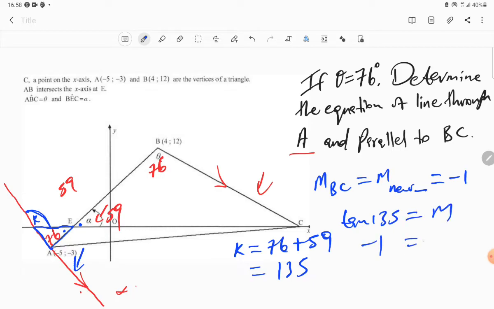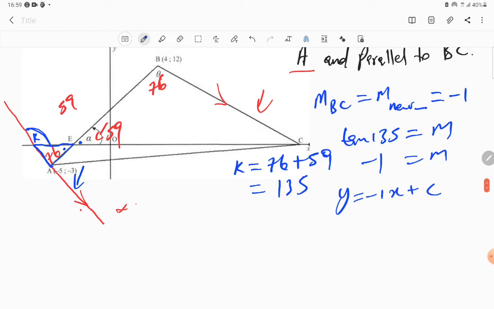It is -1 equal to the gradient, because now you have to use the angle of inclination to find the gradient. When you are looking for the angle of inclination, you use the gradient. You just have to use the vice versa of the other if the other one is given, because they are inverses of each other. Now, having the gradient of that line, you are looking for the equation. So y is equal to -1 x plus c. Now what do we do with that?